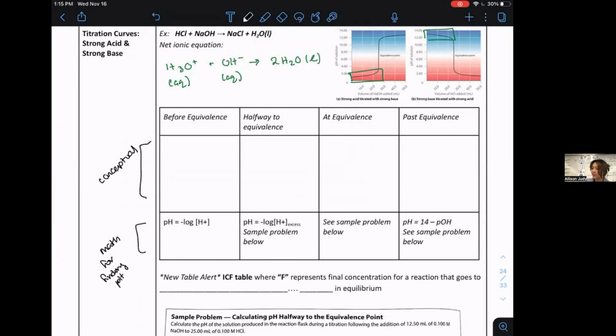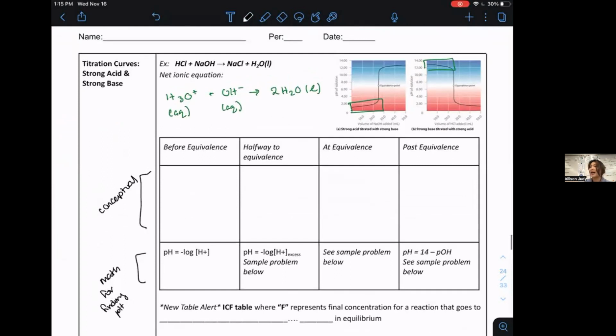So before equivalence, if you're starting with a strong acid, and this would obviously be the exact opposite for a strong base, but let's say I'm going from the acid perspective. We're doing a strong acid analyte with a base titrant is what I'm going to depict in this table.